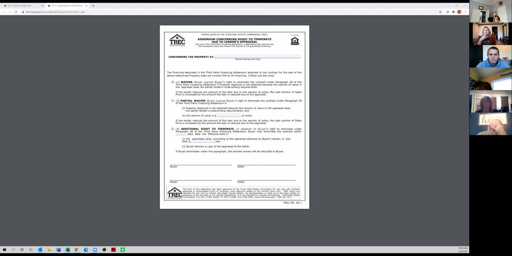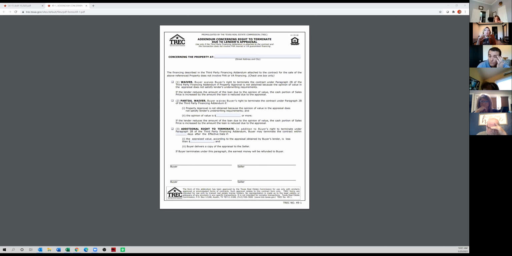If the lender reduces the amount of the loan due to the opinion of value, the cash portion of the sales price is increased by the amount the loan is reduced due to the appraisal. So in that situation that I was talking about earlier, where we're under contract at 200, we have a buyer that is putting down 20%, and so they're doing a loan amount at 160.